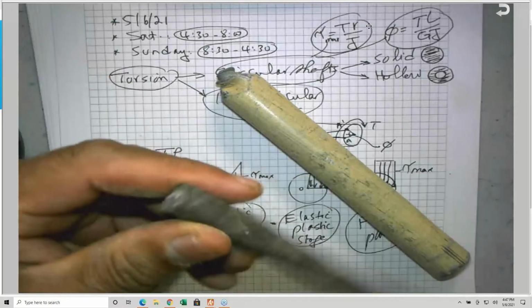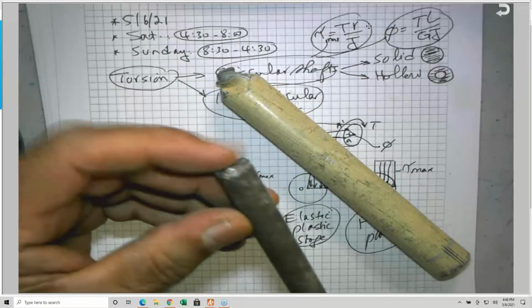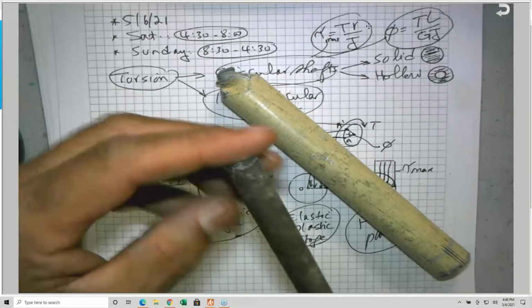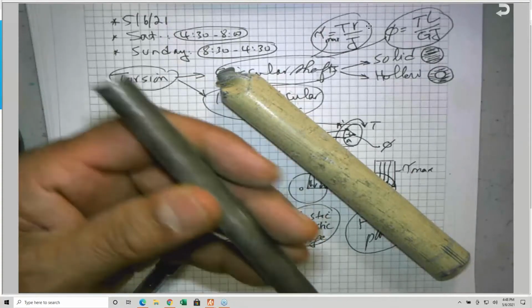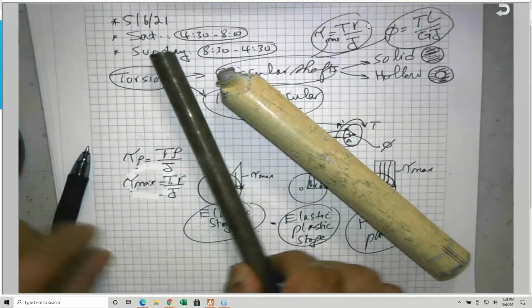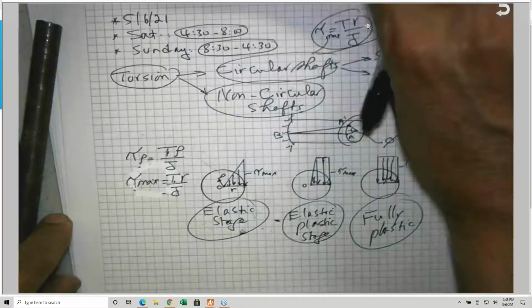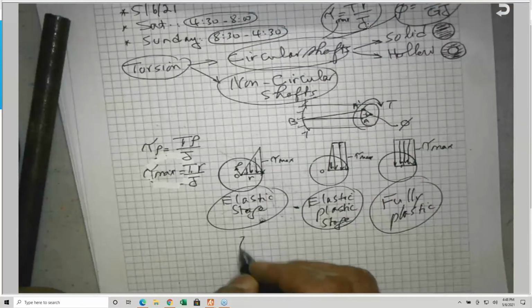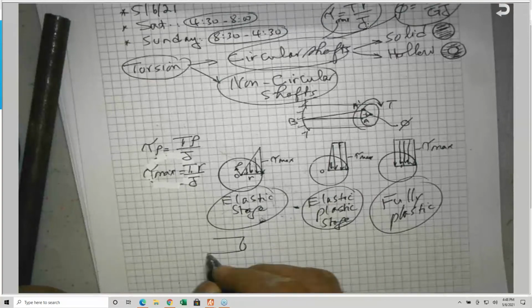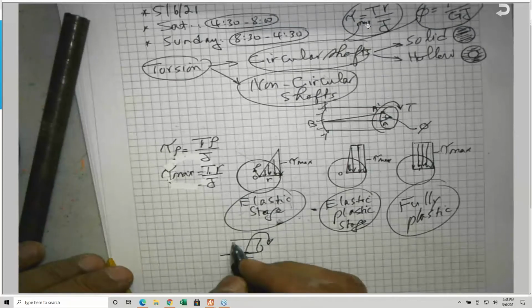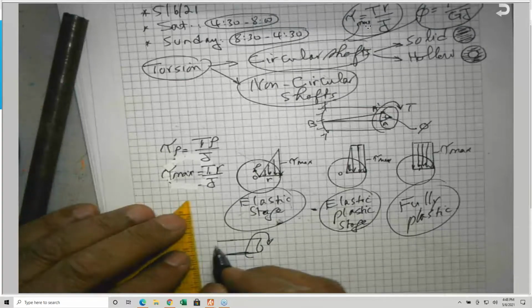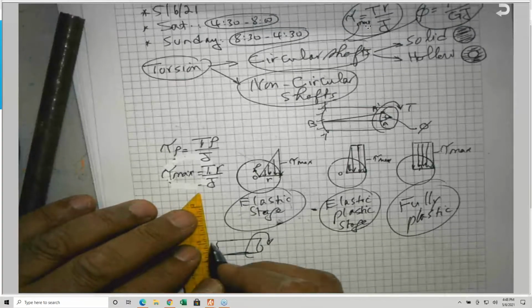Okay, so it is almost a perpendicular surface, because steel is a ductile material. So for ductile materials, when you have a shaft of ductile material subjected to torsion, you will find that the failure plane is almost perpendicular.